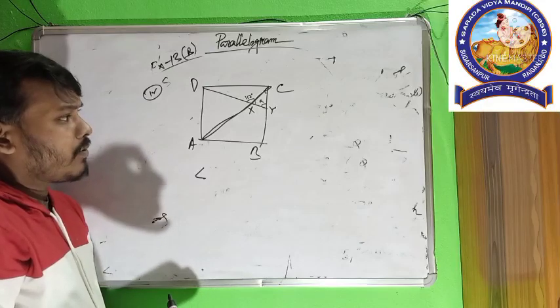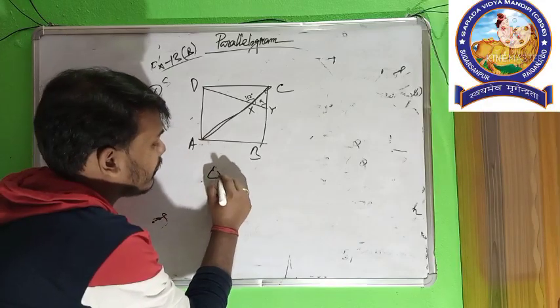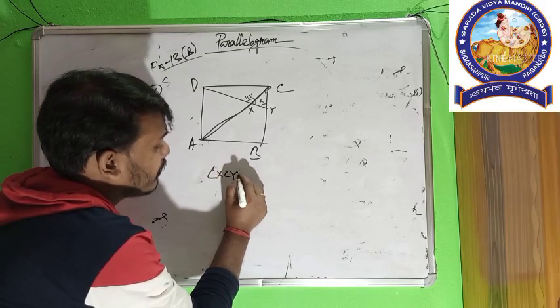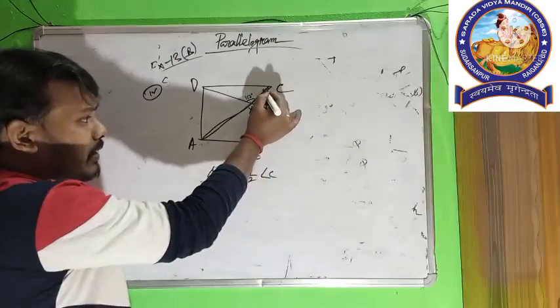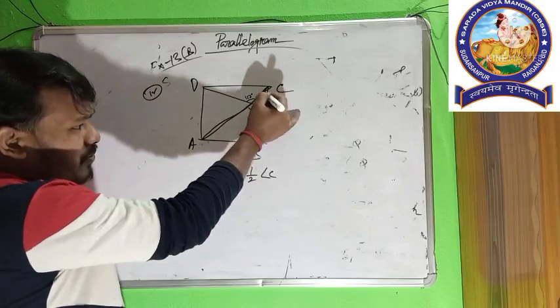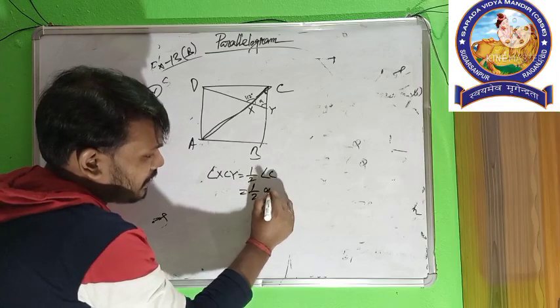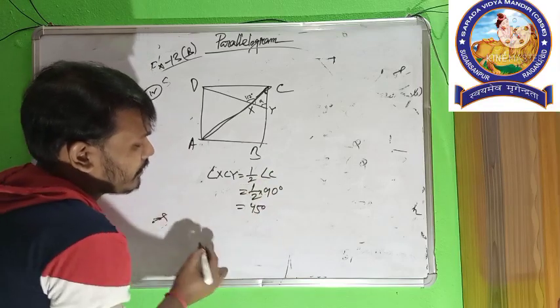So the value of angle XCY equals half of angle C. This is the diagonal, so this is half of the total angle. The total angle is 90, so half of 90 degrees is 45 degrees.